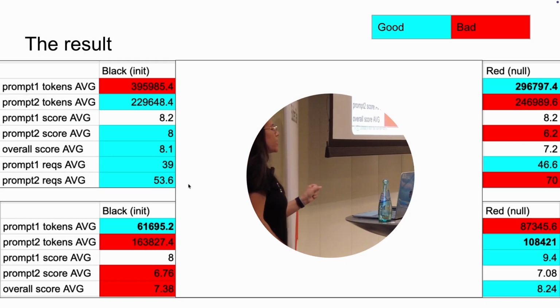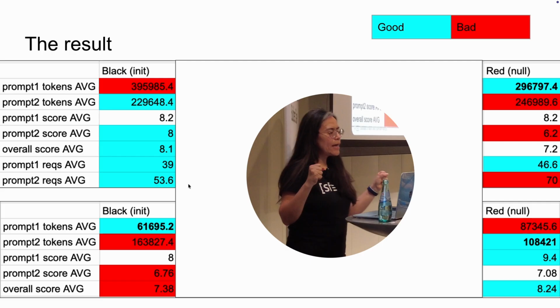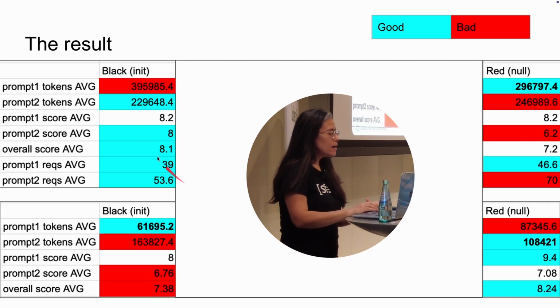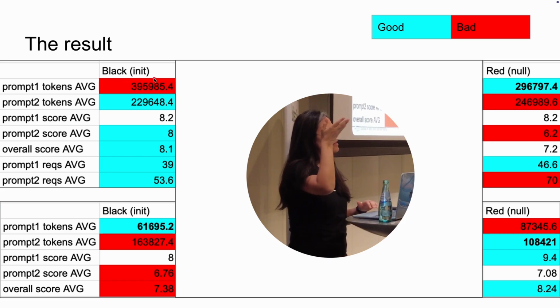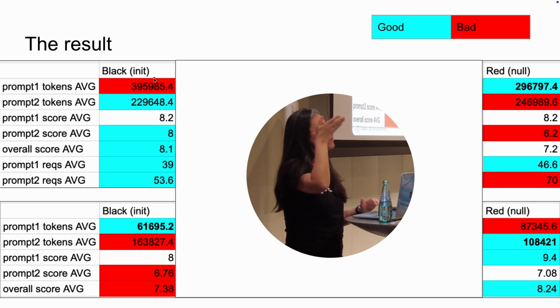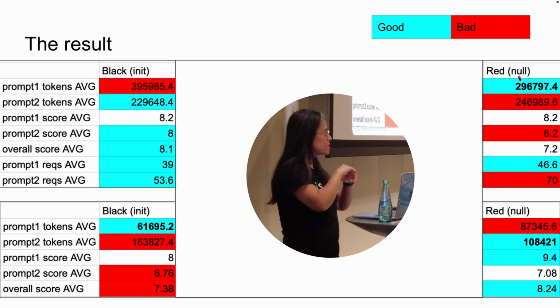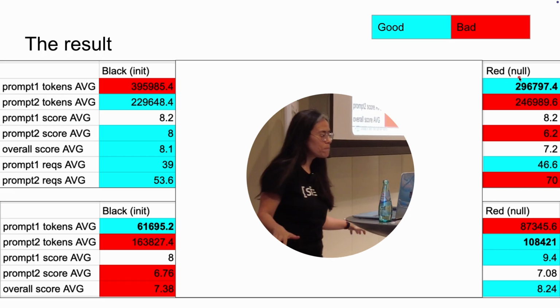And I invite you to look at things that kind of go together. So the black version, which was the init version, basically the context file that was generated by doing /init. And then the version where I had no context files at all.